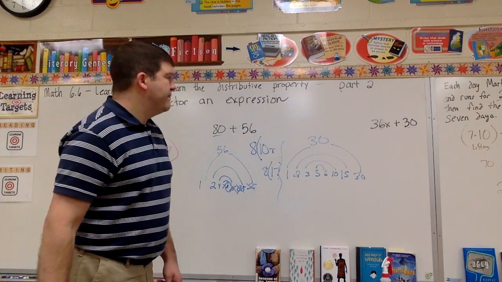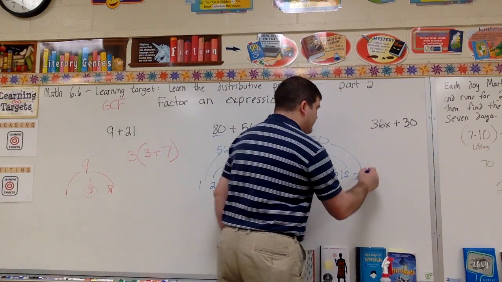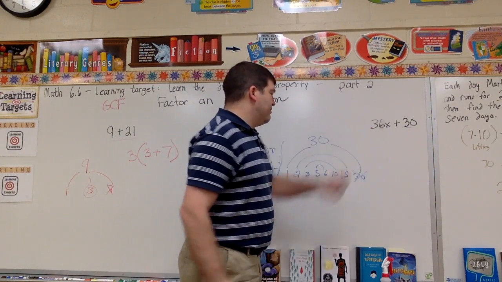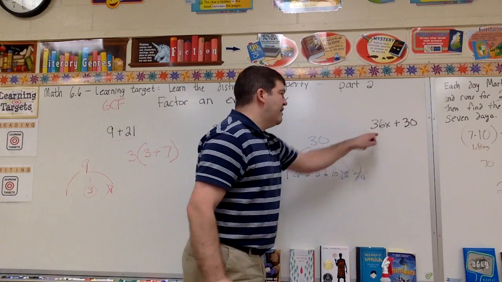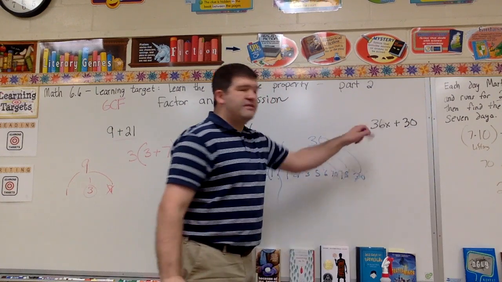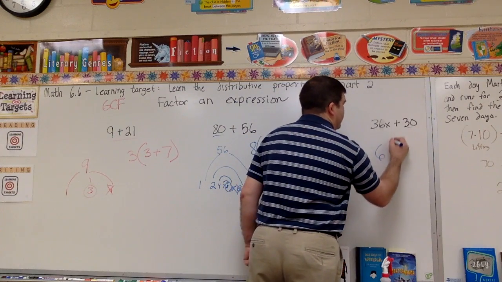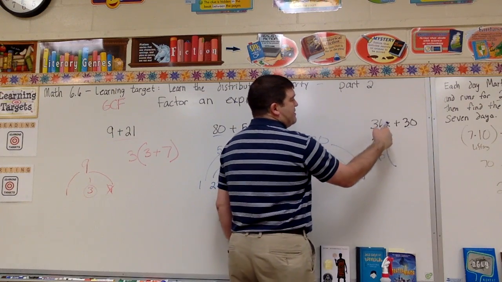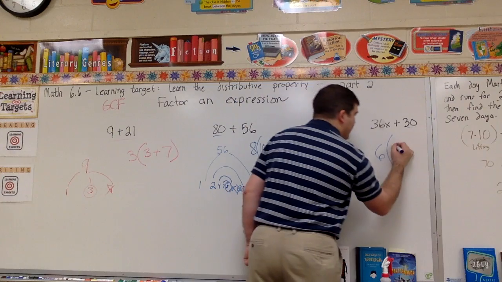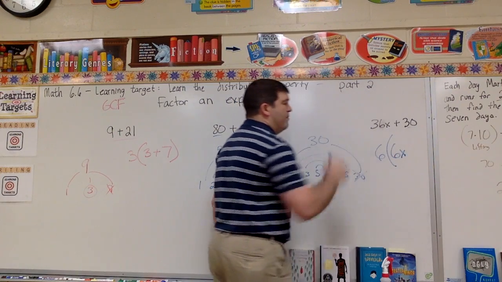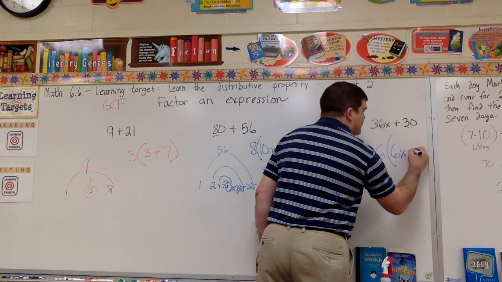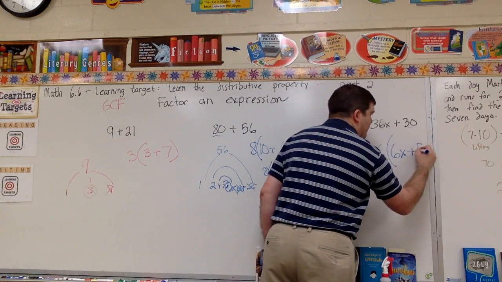Okay, there we go. Now, does 30 go into 36? Does 15 go into 36? No. Does 10 go into 36? No. Does 6 go into 36? Yes. So I have my 6 here. How many times does 6 go into 36? 6 times. The x has to go with it. Plus, how many times does 6 go into 30? 5 times.